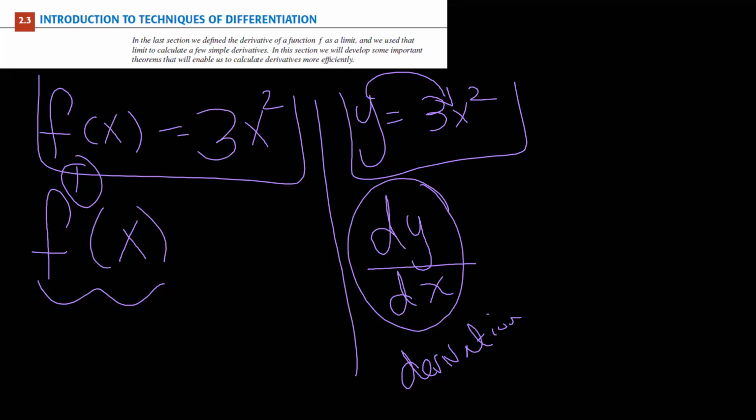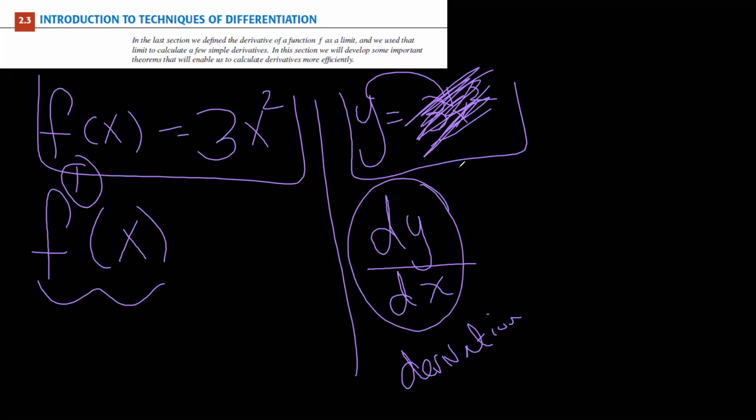Okay? I'm not talking about the derivative itself now. I'm talking about how you write it. I mean, in grade 1, you will say find the summation, find the subtraction, or find the multiplication sentence.